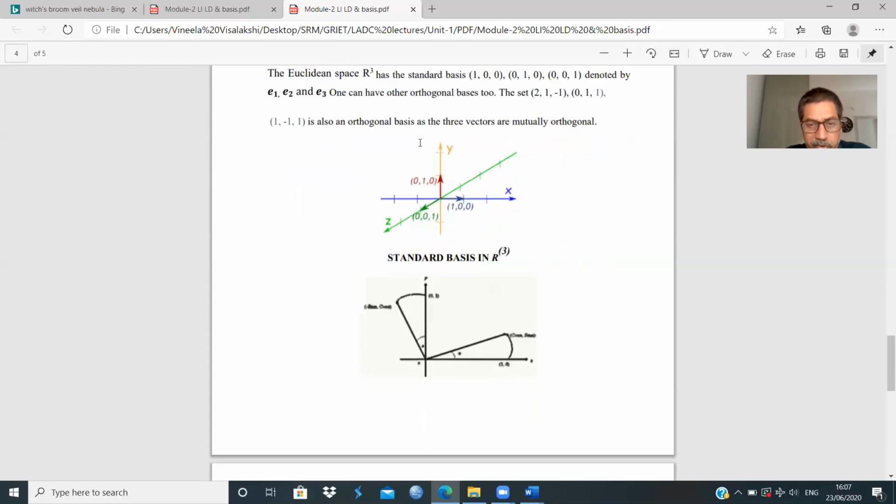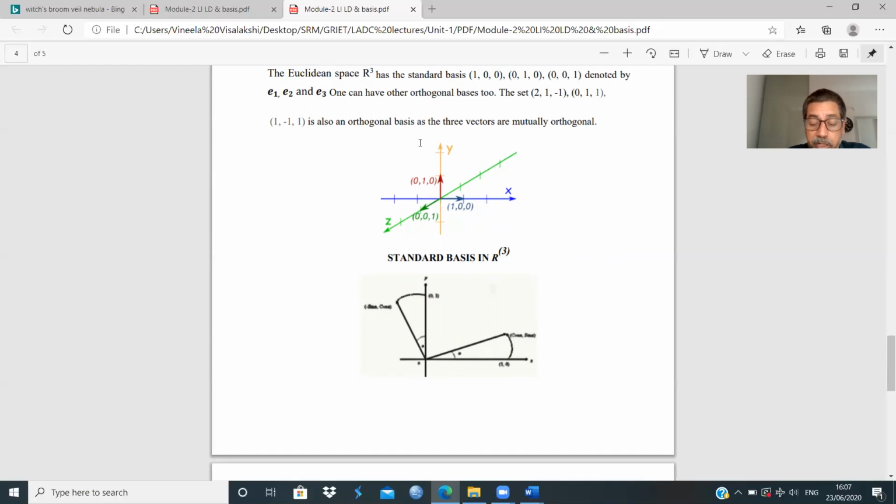For example, in the second figure, you can see along the x-axis we have (1, 0), along the y-axis (0, 1), which is a standard orthogonal basis for R2. By giving it a rotation by a certain angle theta, we can have new vectors which will also be mutually orthogonal, and that is what you are seeing by those inclined lines.